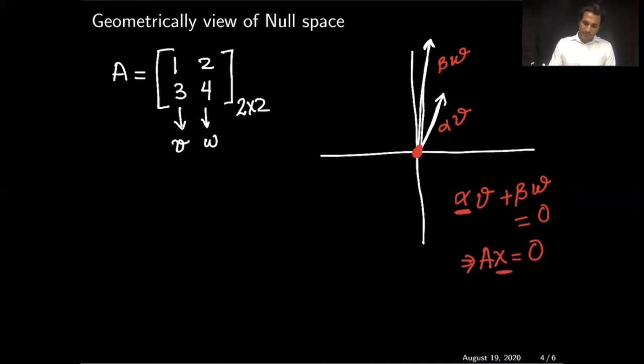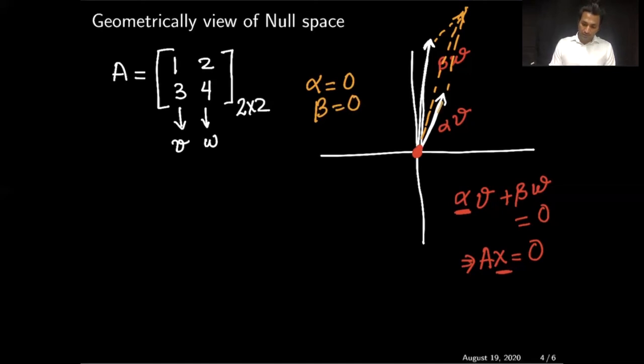As you can see, if I choose alpha and beta non-zero, I will not be able to draw any parallelogram of these vectors that will be a 0 vector. So the only possible solution in this case is alpha equal to 0 and beta equal to 0, and then I draw the diagonals.